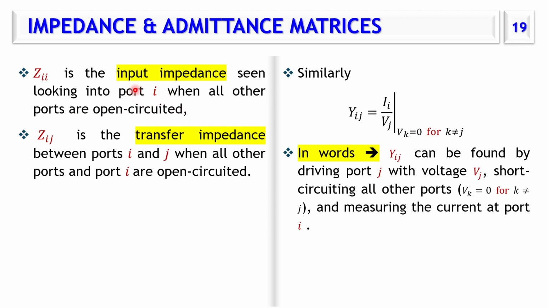So just I has some current going in, all the other ports are open circuit, so all other I's except for Ii equal 0. Zij is called the transfer impedance between port I and port J when all other ports including port I are open circuit. So the only port that is not open circuit is port J.